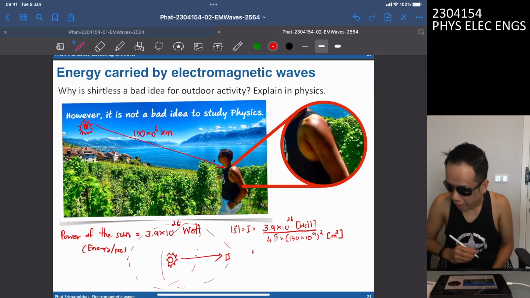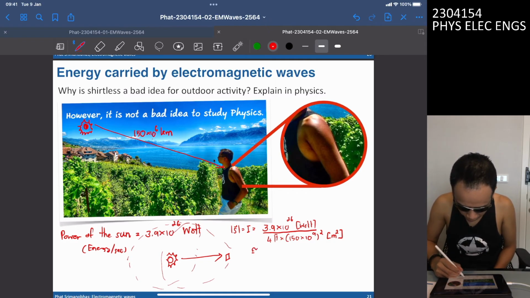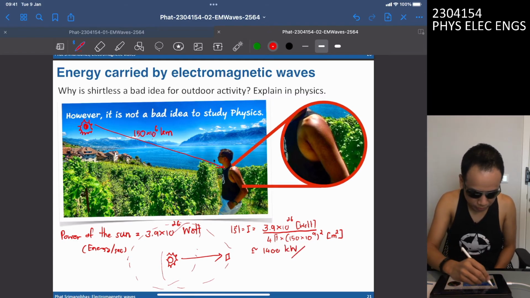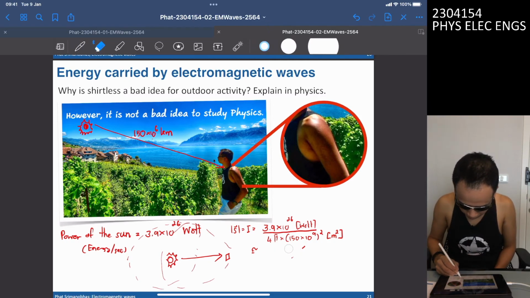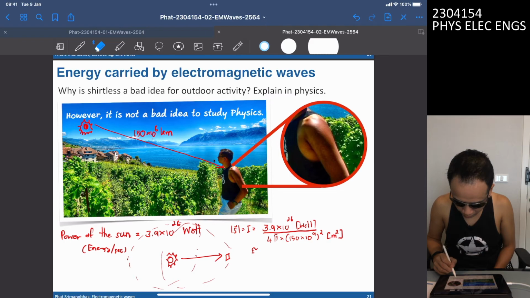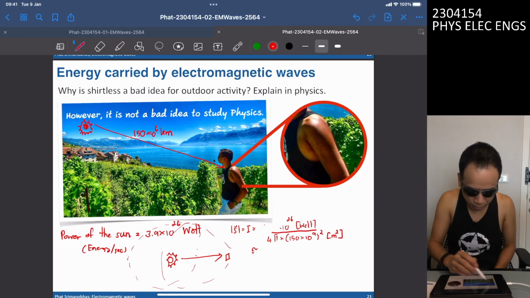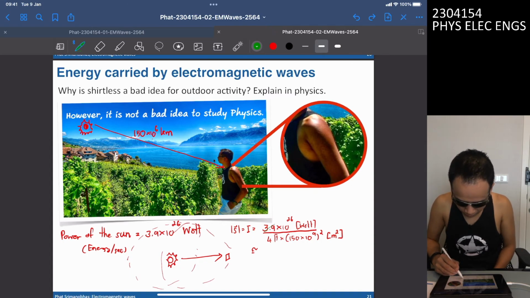So you get the intensity roughly 1,400 watts. Let's work it out: 10 to the 26 over 10 to the 18 gives 10 to the 8, and 3.9 we can say is roughly 4.